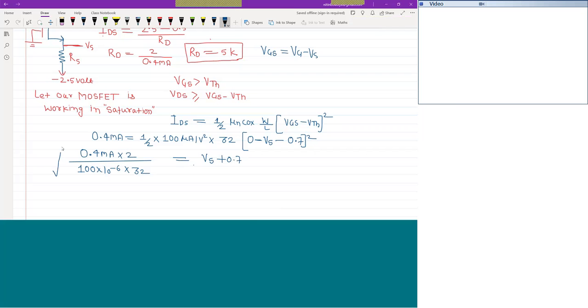You can take under root of this and this can be plus minus. So these are two possibilities.